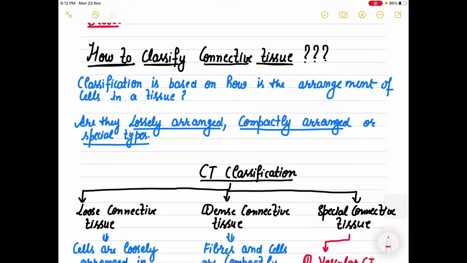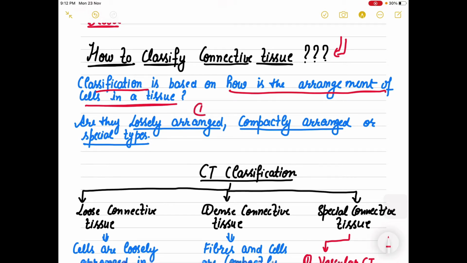Now the problem we sometimes face is in the classification, which is mentioned in a different manner in different books, but I'm going to take the arrangement on the three main types. The classification we are going to discuss is based on the arrangement of cells in this connective tissue.